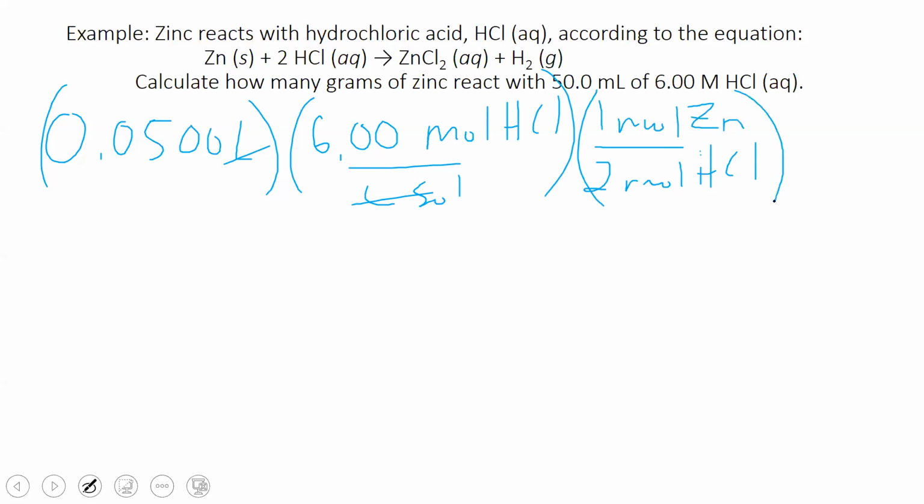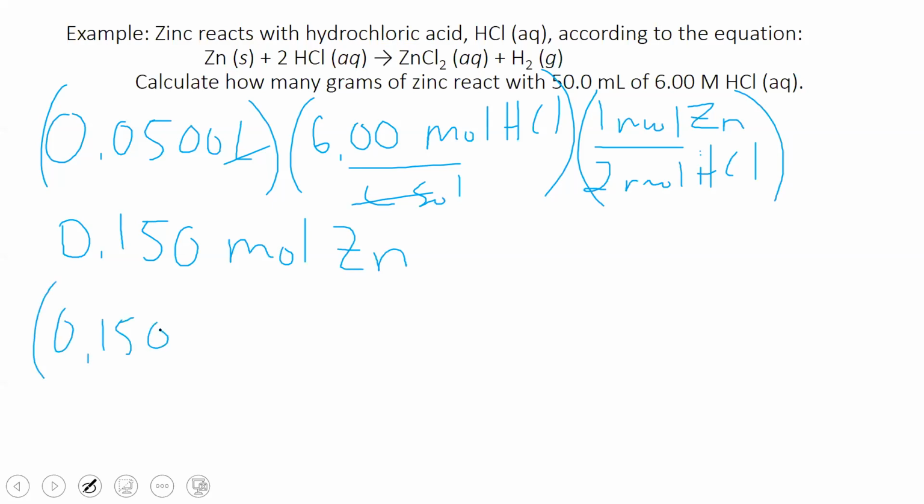So it should be 0.150 moles of zinc. Thank you. All right, so you take the 0.150 moles of zinc and multiply it by its molar mass.